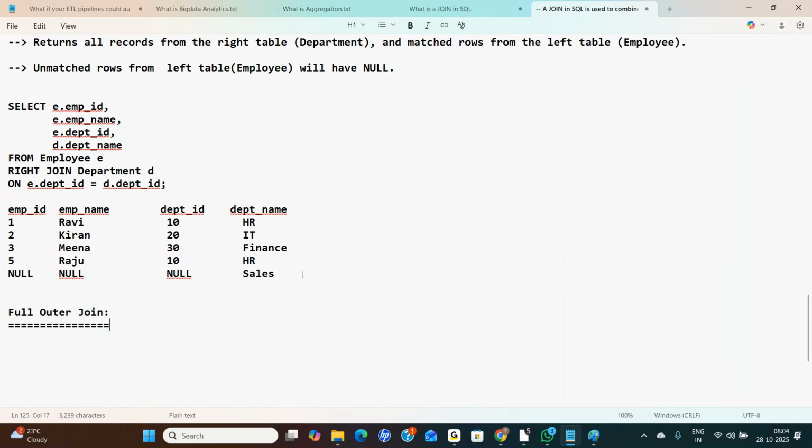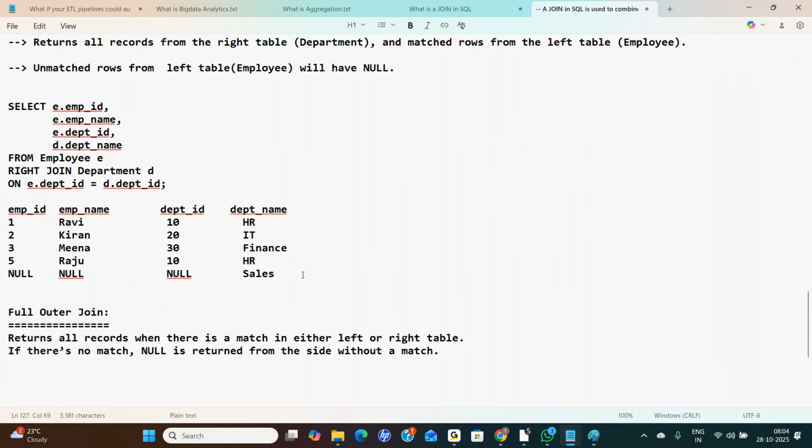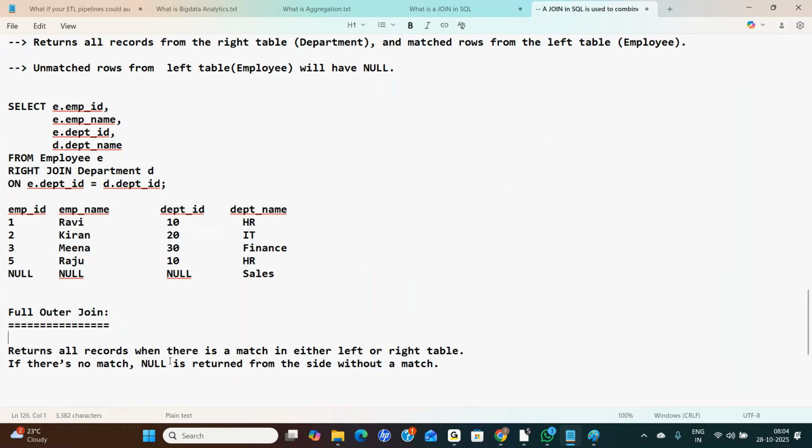The full outer join returns all the records when there is a match in either left or right table. If there is no match, null is written from the side without match.